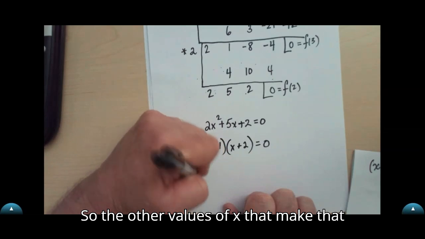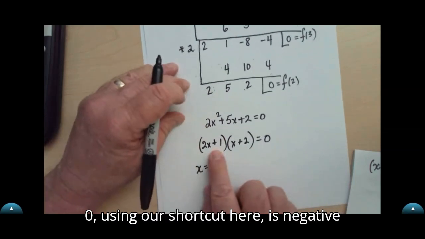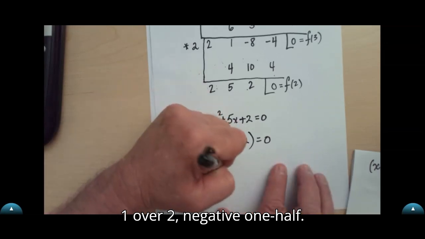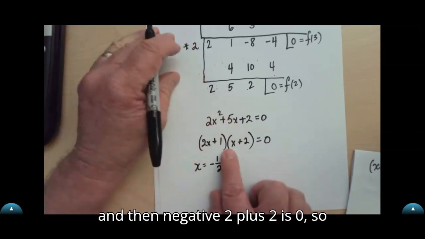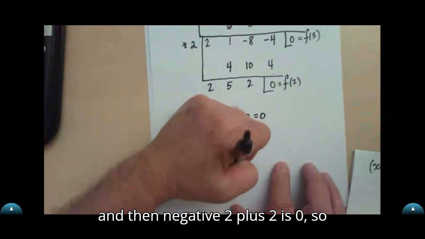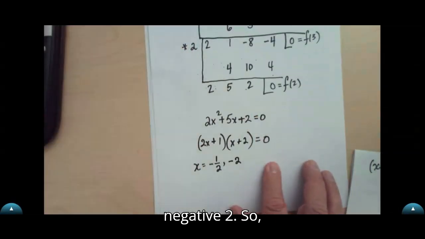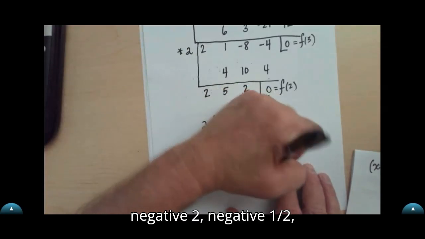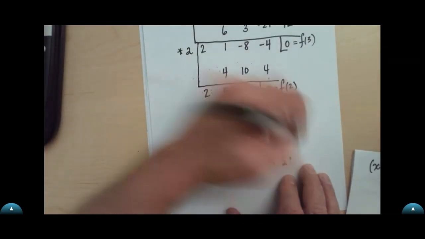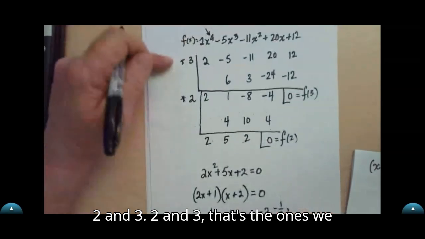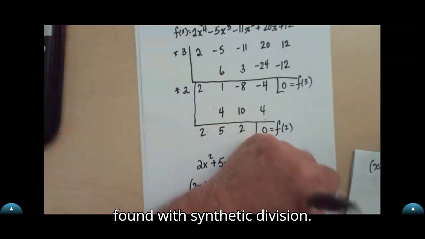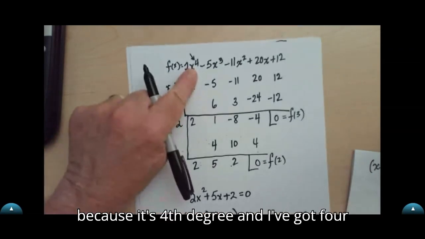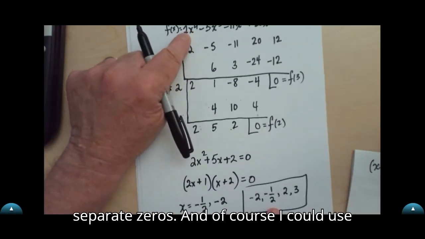So the other values of x that make that 0, using our shortcut here, are -1/2, and then -2 plus 2 is 0, so -2. So that function has -2, -1/2, 2, and 3. 2 and 3 are the ones we found with synthetic division. That's all the zeros. I know it is because it's fourth degree and I've got 4 separate zeros.